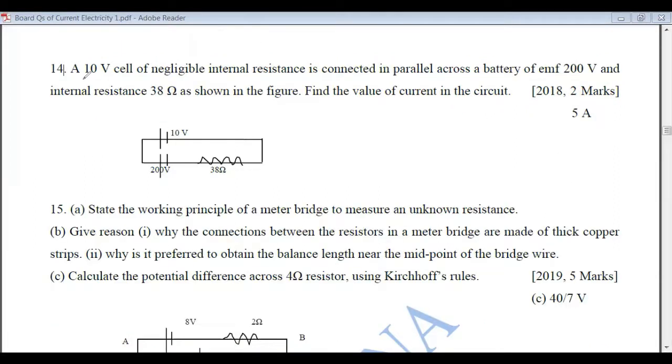Question number 14 is, a 10 volt cell of negligible internal resistance is connected in parallel to another battery of 200 volts whose internal resistance is 38 ohms as shown in the figure.